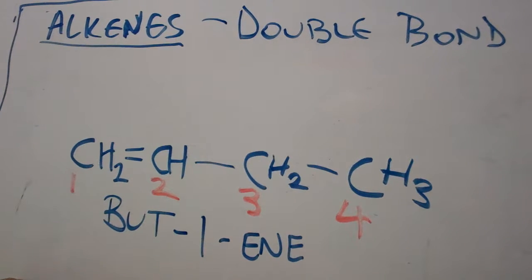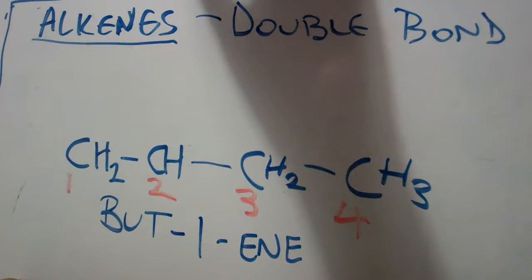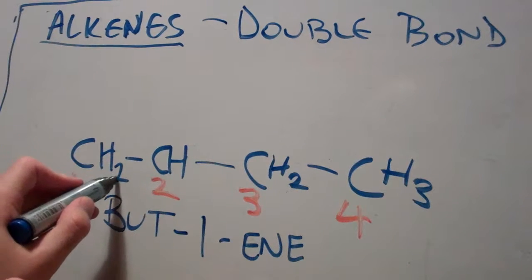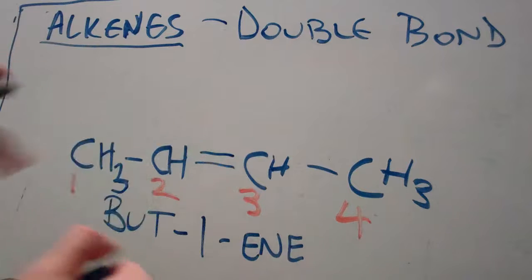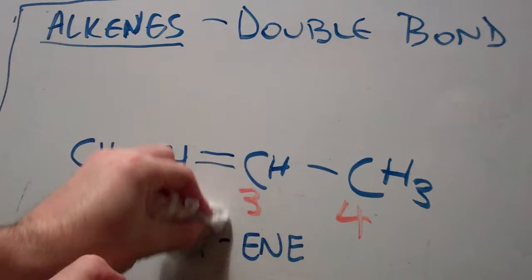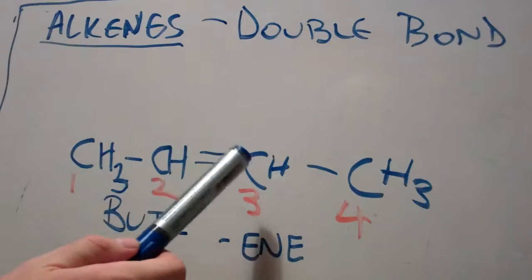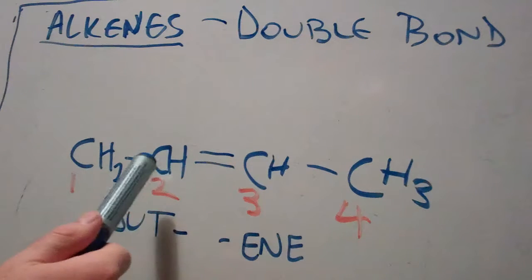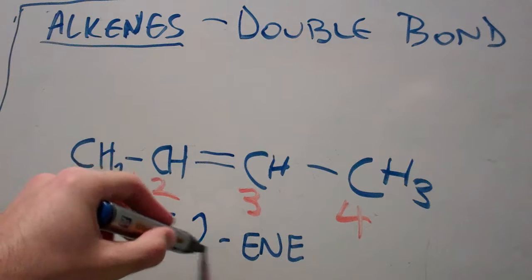If we were to move the double bond to the second carbon, we still have butene because we've got 4 carbons. However, now our double bond is in between the second and third carbon, so it's on the second carbon, and we call this but-2-ene.